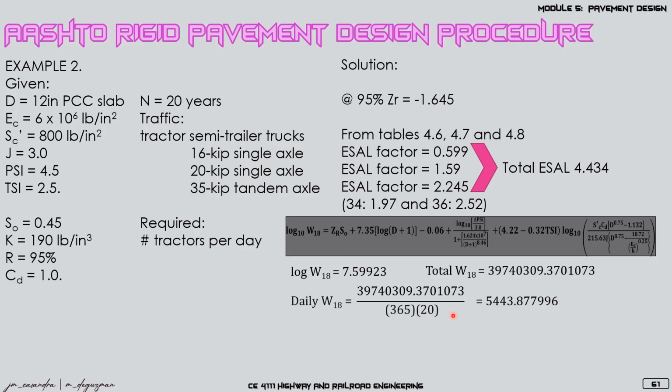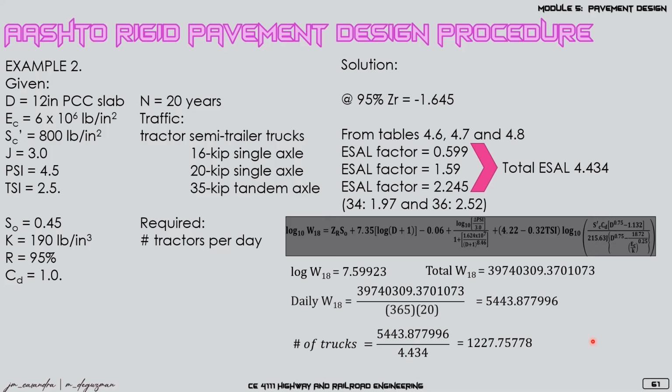And from here, we could take now the number of trucks by dividing the daily traffic by the total equivalent single axle load, thus giving us a value of 1227.7578. So this is the total number of trucks passing our pavement.